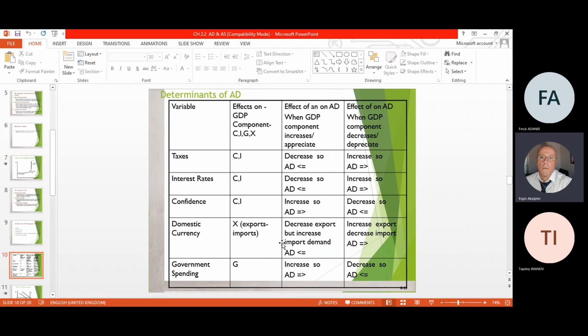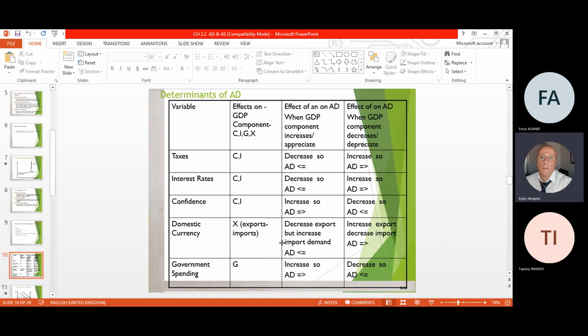And when we look at the other side, the effects on aggregate demand when GDP components decrease, then the impact of taxes on consumption and investment is supposed to be decreased, and then aggregate demand is enlarged. And if you go to the interest rate, if consumption and investment are then decreased, it goes to increase and enlarge aggregate demand.